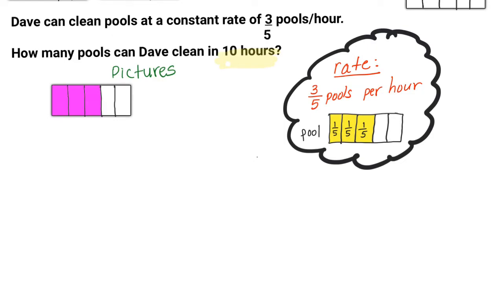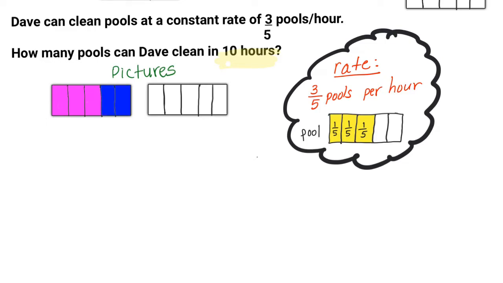So that is 1 hour. So what I'm going to do is add another pool right here, because we need to get to 10 hours, right? And I'm going to be changing colors so that you can see the hours. So it's much easier for you to see it. So he would do another hour, and this time it is going to be represented by the blue. So right there, that would be another hour.